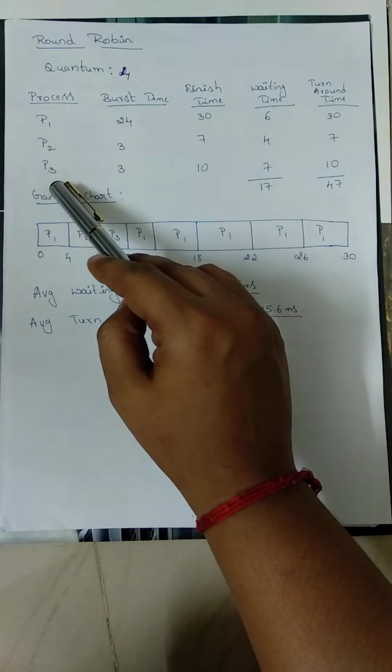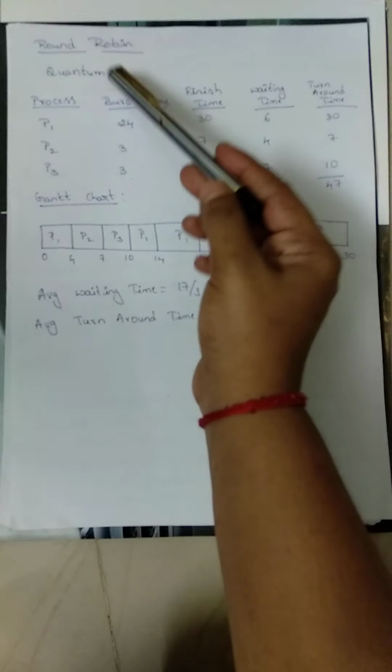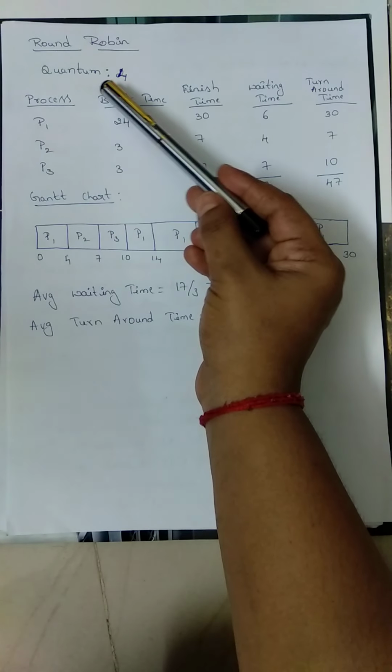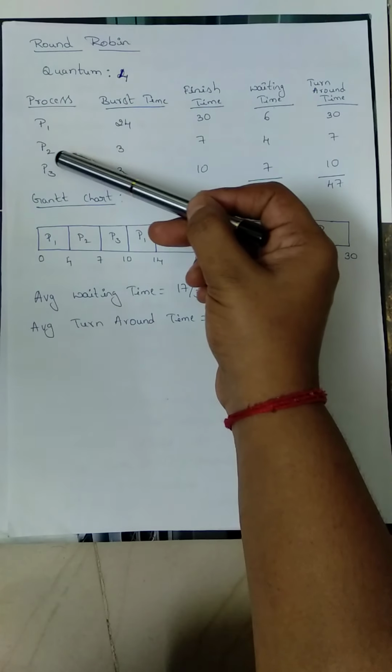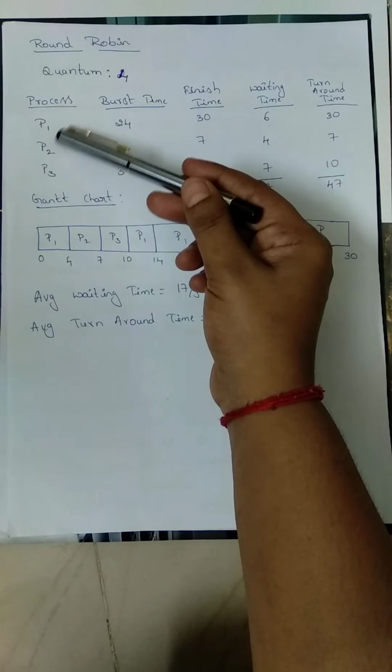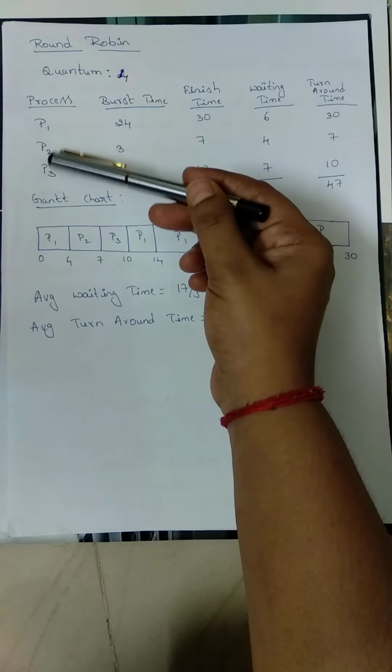The first process in the ready queue is P1. So the CPU scheduler first schedules P1 and execution starts from 0. P1 is preempted when t is equal to 4, because the quantum size defined here is 4. Then the next process in the ready queue is assigned for execution.